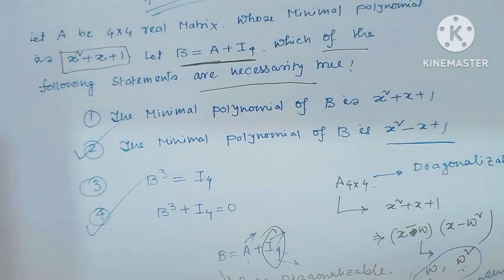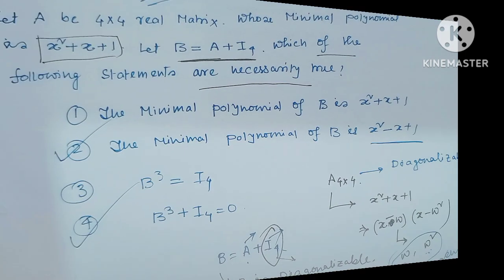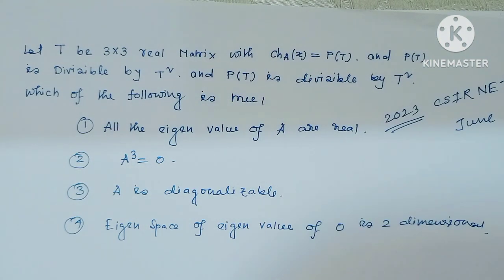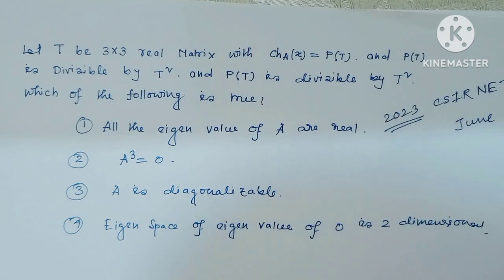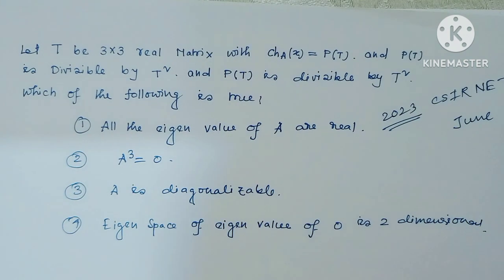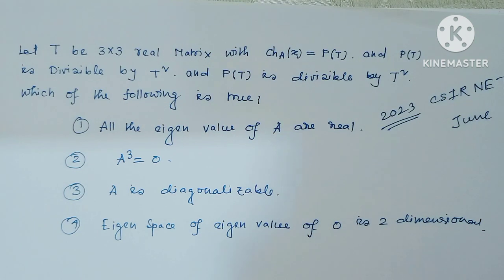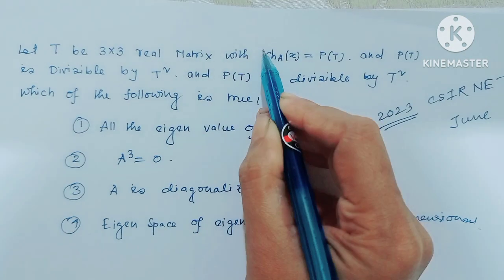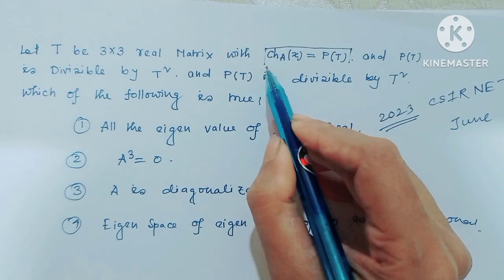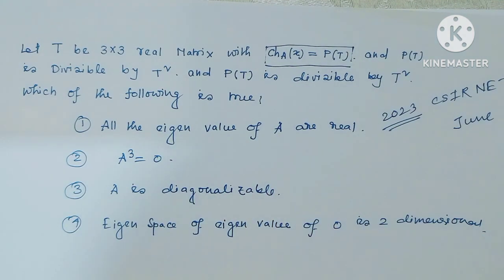I hope all my viewers have understood this type of question. For example, this one came in the CSIR NET June 2023 exam. The question is: let A be a 3x3 real matrix with characteristic polynomial P(t), and P(t) is divisible by t square.